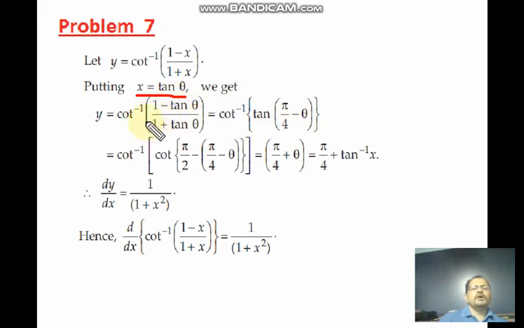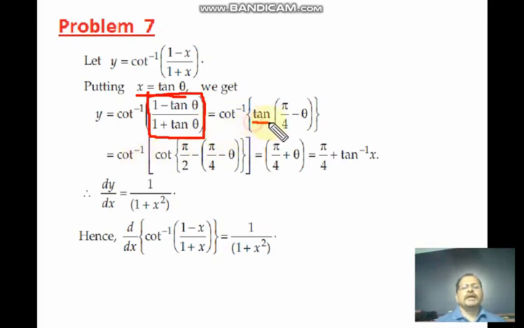This is the formula for tan of (pi by 4 minus theta). To solve such problems, I need trigonometry a lot, and therefore the trigonometrical formulae are required in this section.